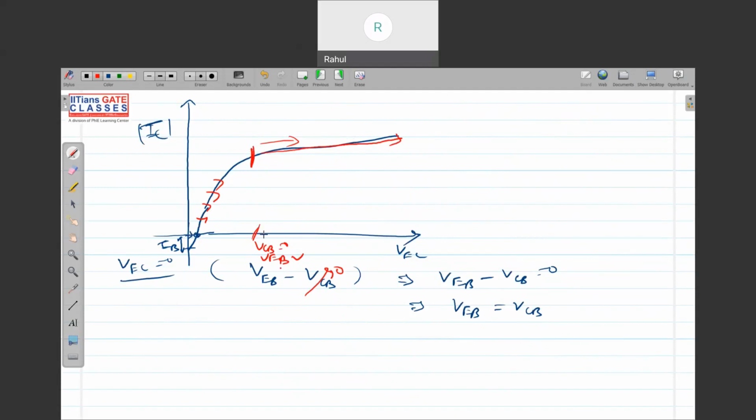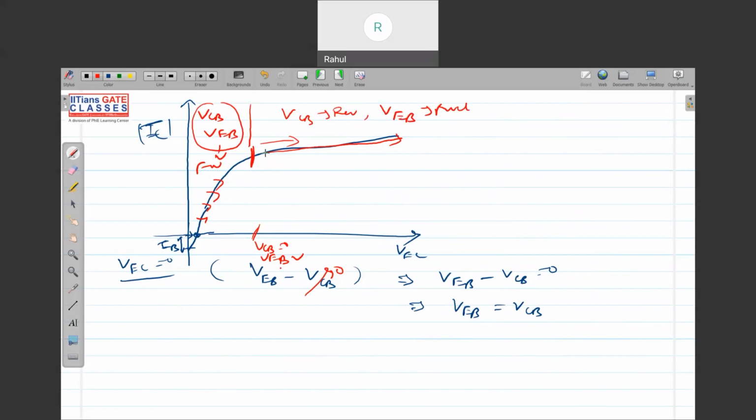At this point, VCB is equal to 0. So at this point, what will happen? In this region, both VCB and VEB are forward biased. In this region, VCB is reverse biased and VEB is forward biased. That is nothing but the saturation region.